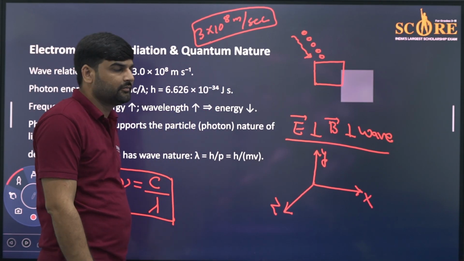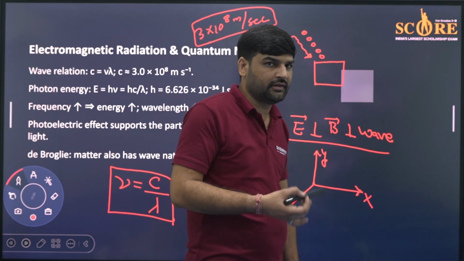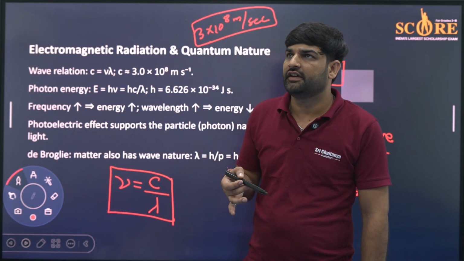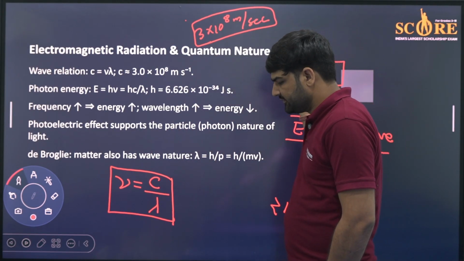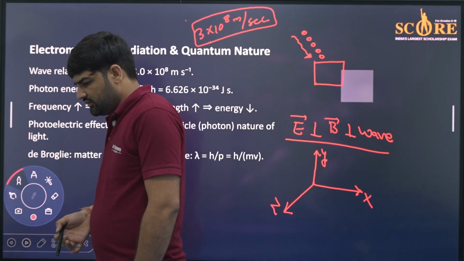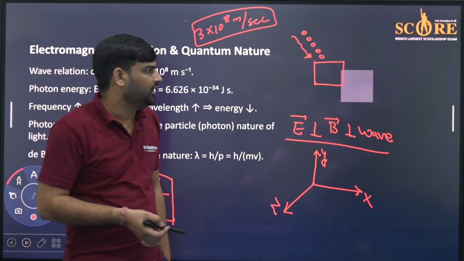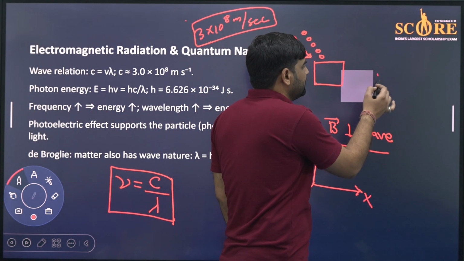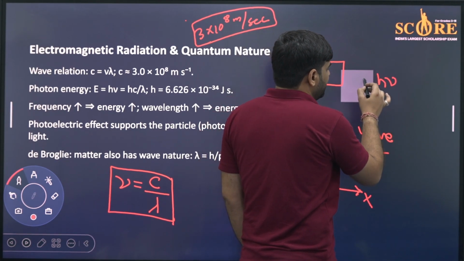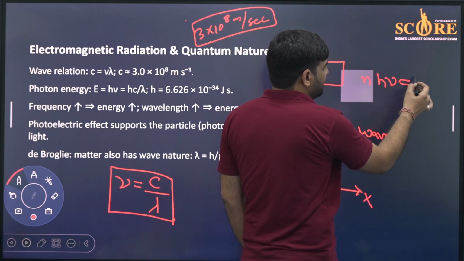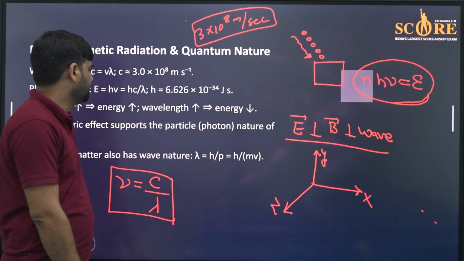According to Planck's quantum theory, energy is absorbed by an object in the form of the smallest packets. These packets have a certain amount of energy, and if energy of one packet is h nu, then energy of n photons will be n h nu. This is total energy E equals n h nu.